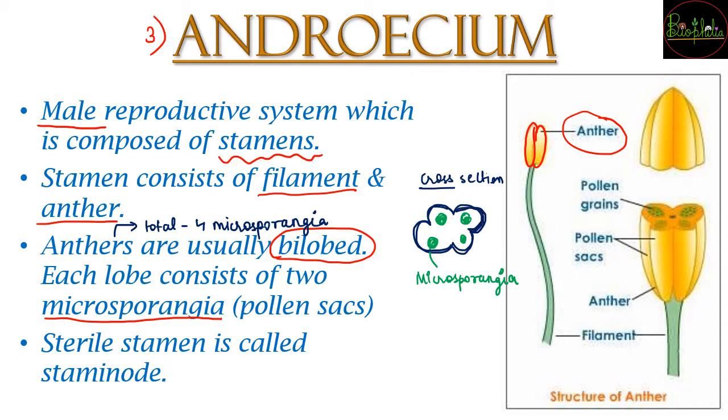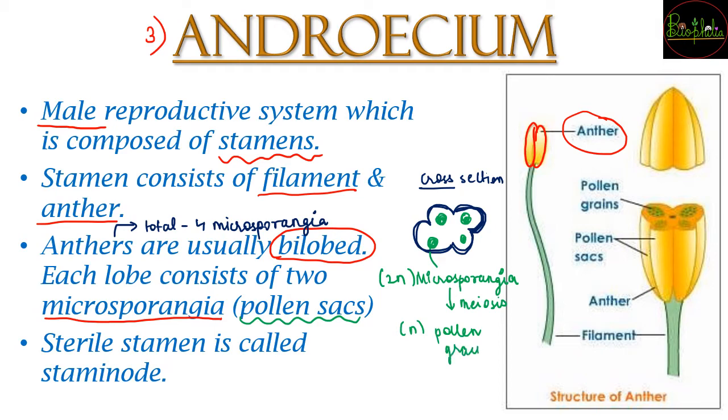So that will help you to remember that microsporangia are going to be diploid in condition. अब ये microsporangia में जब meiosis होगा, तब what is going to occur? That is going to lead to haploid pollen grains. So जो microsporangia होते हैं, these are called as pollen sacs because इनके अंदर बहुत सारे pollen grains मिलते हैं.